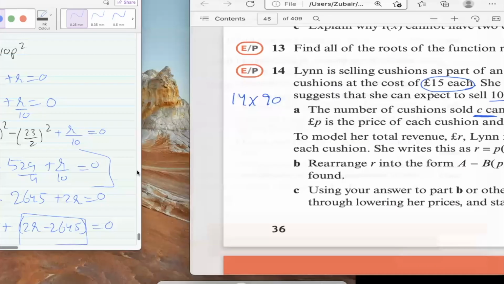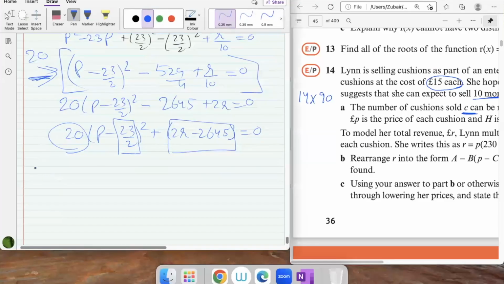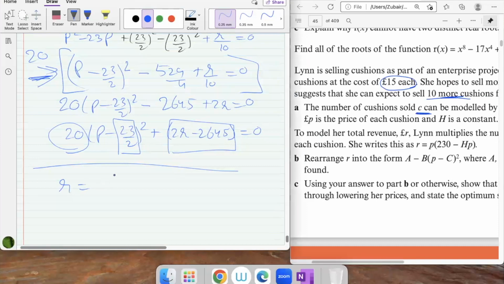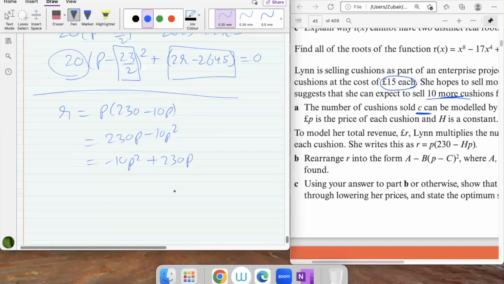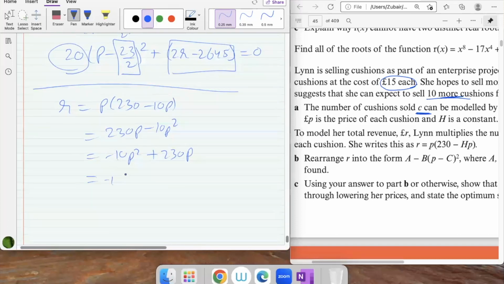Okay, I think I've made one mistake. R is equal to P times 230 minus 10P. Let me just confirm it in one minute. 230P minus 10P squared. This is minus 10P squared plus 230P. Taking out 10 as common, I'm left with P squared minus 23P.